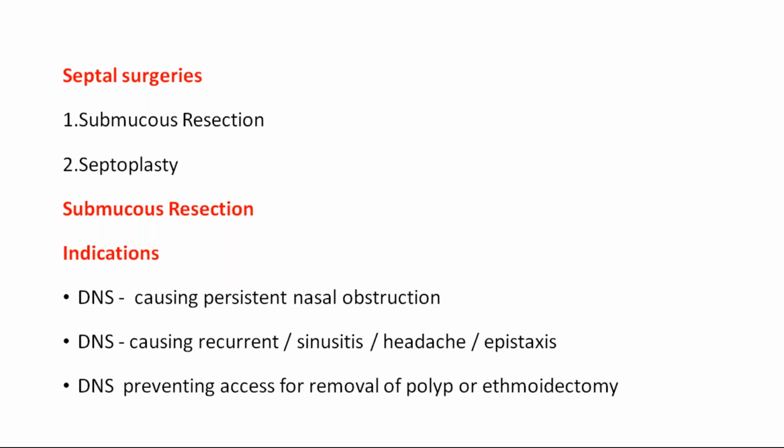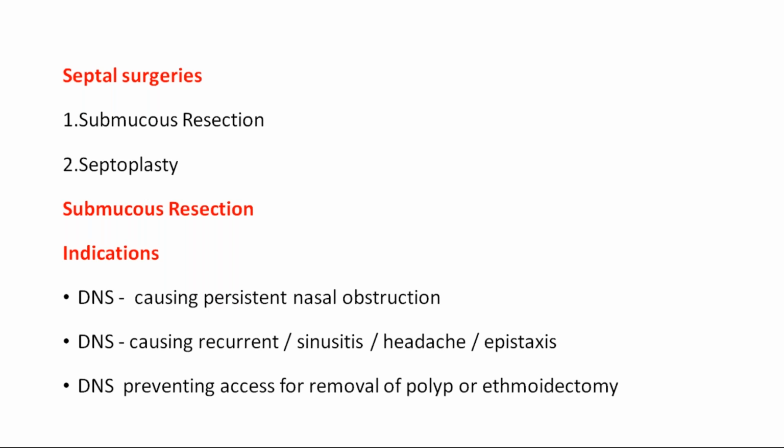Suppose there is a deviation, when you give the incisions, you will see the cartilage sometimes becomes straight. But the cartilage has memory. So if you just give scoring and leave it like that, after 3 months it will bend again because of memory.